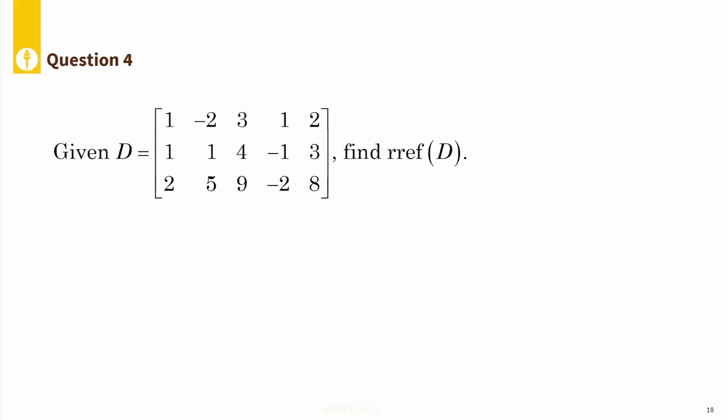All right, so we have a matrix D and we want to row reduce it. What's the first thing we want to do? Find a row echelon form. Put it in row echelon form.